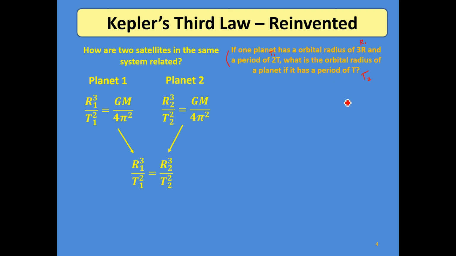All I have to do is set up my equality for the two planets, since these are going to be the same, and then plug in my numbers. I get 3r cubed over 2T squared, and I plug in my T there. I need to solve for the radius of that second planet. So I plug and chug, and I get my r2 is equal to that. Bada bing, bada boom. You can basically take the cube root of that, and then you're going to get your ratio relative to r.